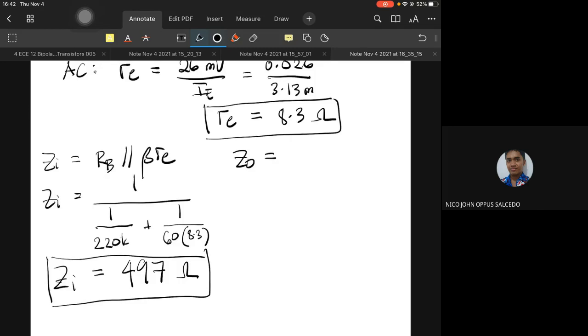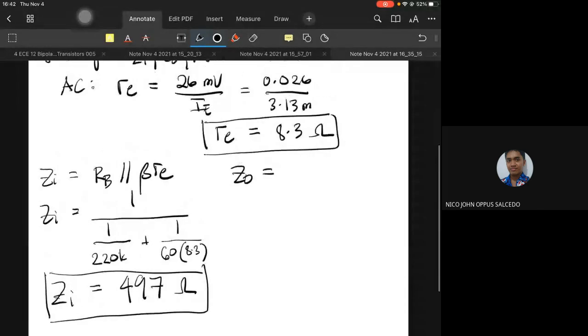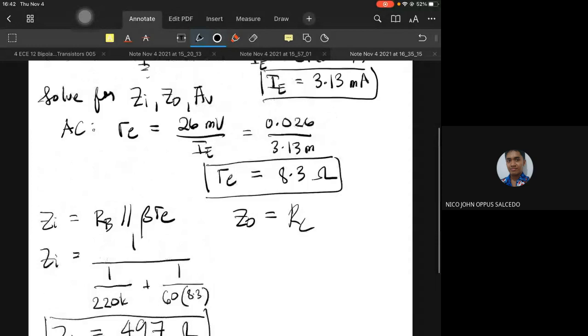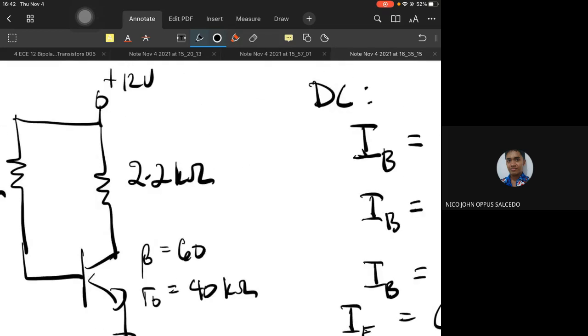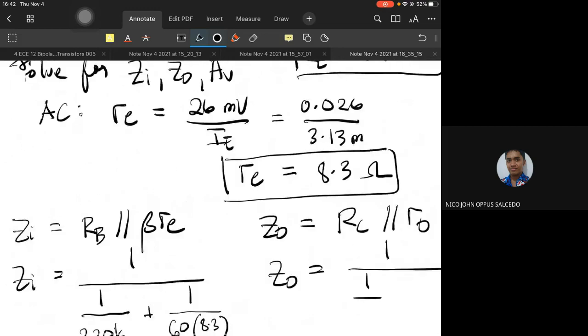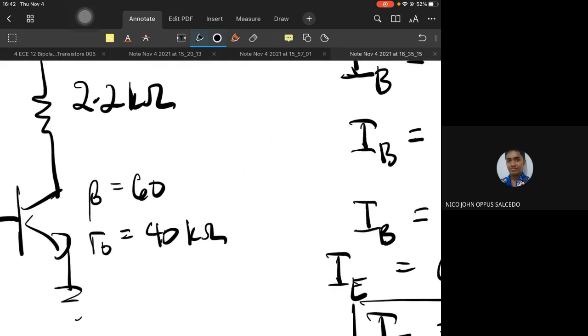So, ZO. Pwede lang ko ni ZO is equal to RC, pero na may given RO. Ito na lang solbon. ZO is RC parallel RO. Kita nato sa kaduol ba? Si ZO, si RC, 1 over ilang RC? 2.2K. RO is 40K.